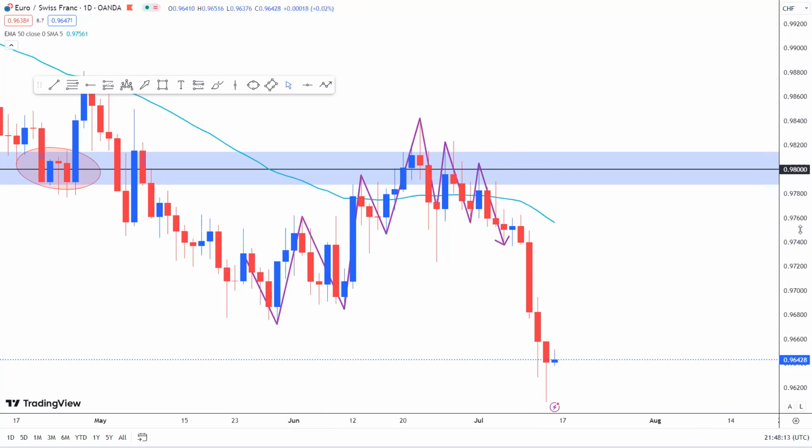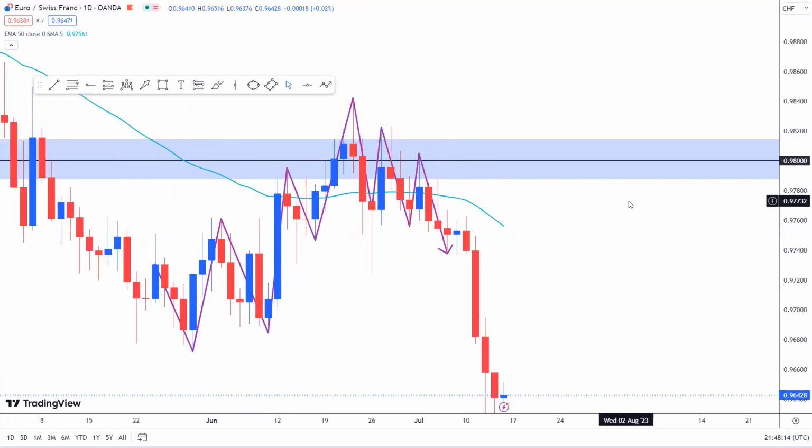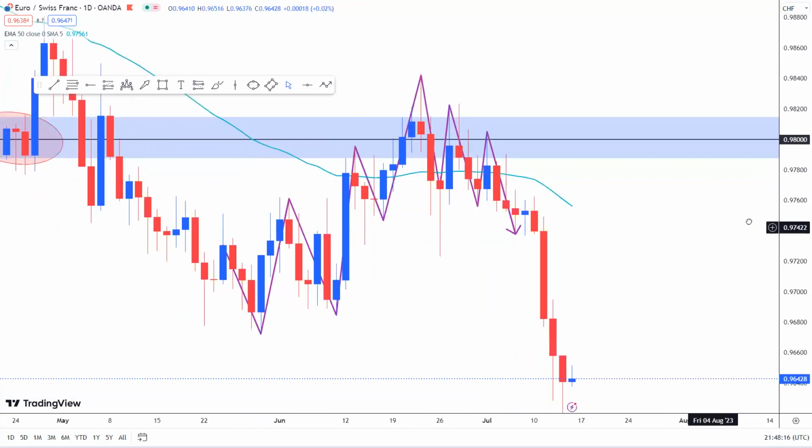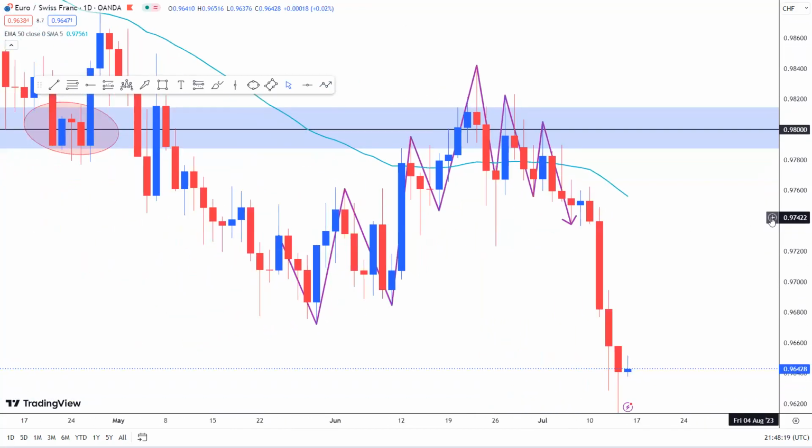So now we are seeing that the daily time frame is in line with the weekly time frame.